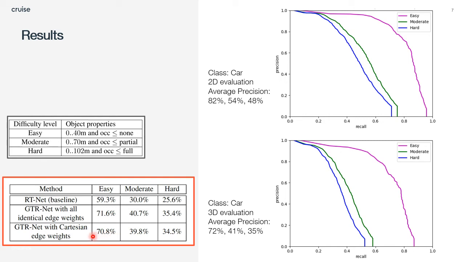Surprisingly, adding the Cartesian distance information as edge weights did not improve the performance. Maybe because of the way the radar data is created, it is necessary to distinguish between Cartesian distance in range direction and Cartesian distance in beam direction.